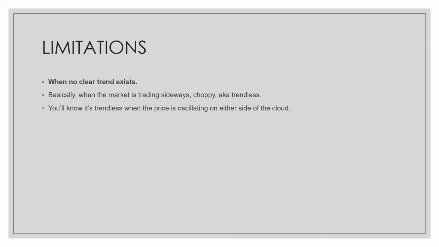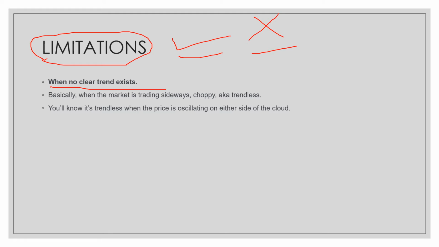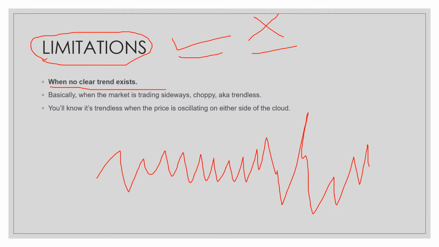Before we jump to the detailed analysis of the Ichimoku Kinko Hyo system, we must know its limitations, because if there are some advantages of any indicator, there have to be some disadvantages, and if you know only the advantages, not the disadvantages, then it may affect your returns. When the market is not trending, when there is no clear trend, for example, the market is moving like this, we cannot use the Ichimoku system.